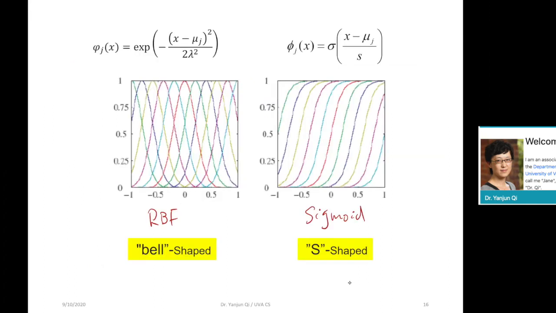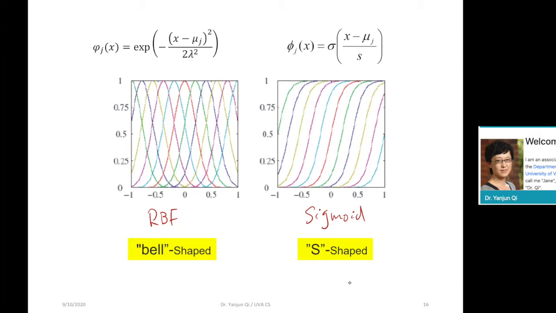All right, so let's put the RBF (radial-basis function) and the sigmoid function side by side, with their equations. The equations are a little hard to remember, but geometrically, just remember the RBF functions look bell-shaped.